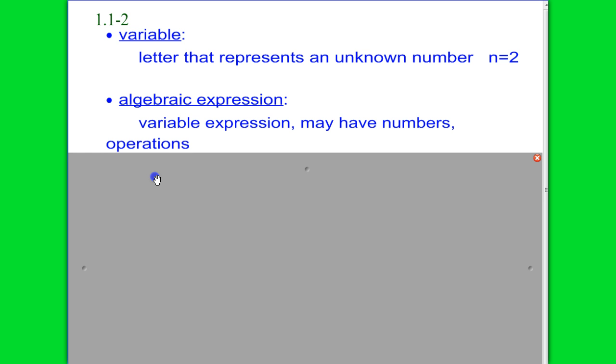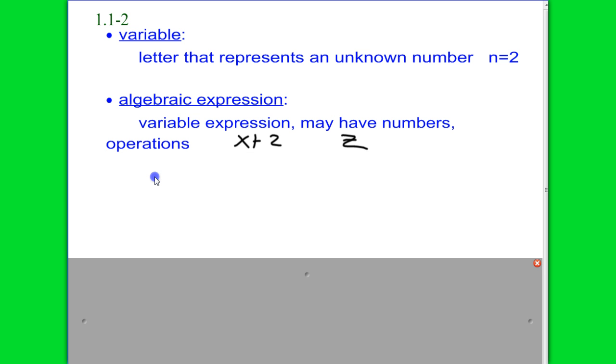Is that still an algebraic expression? Yes. It may have operations. My example, x plus 2 has one operation. We could get more fancy than that. It could just be a variable, z. That's an algebraic expression all alone. It is a variable, okay?